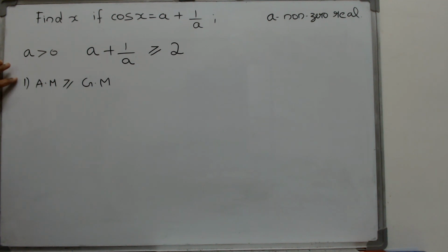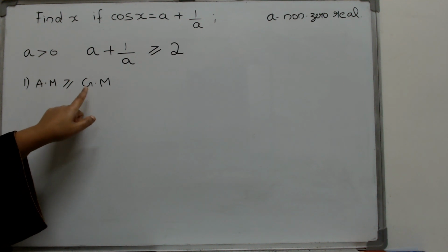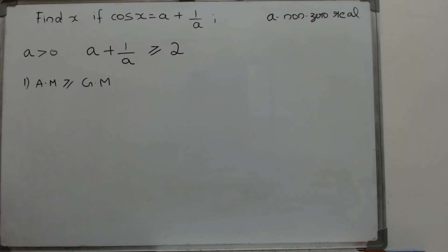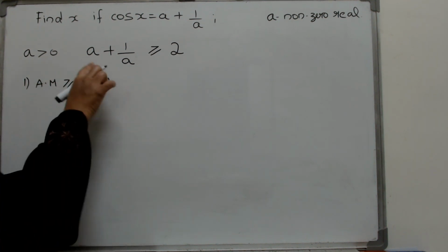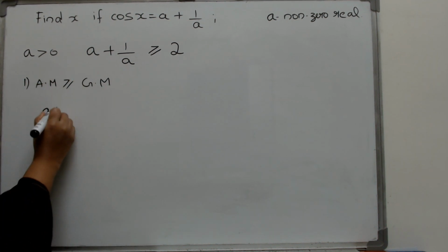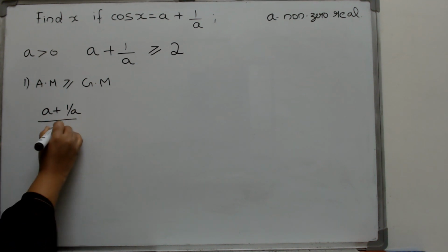When you have two positive numbers, their arithmetic mean will be greater than their geometric mean. A word of caution, it works only for positive numbers. It does not work for negative numbers. So what is the arithmetic mean of a number and its reciprocal? Add it, divide it by 2.